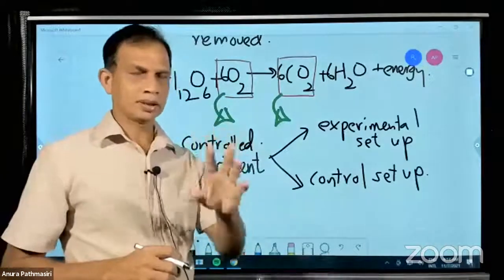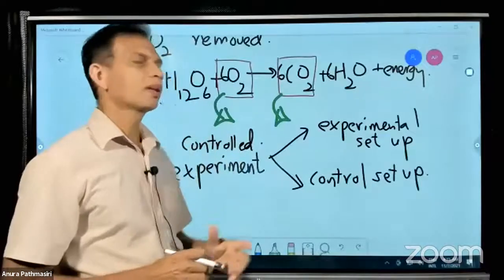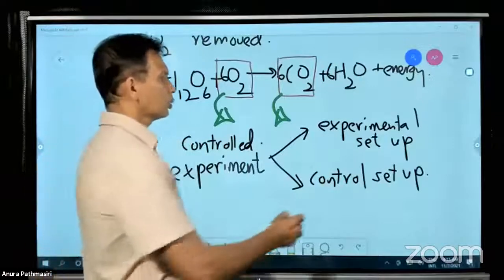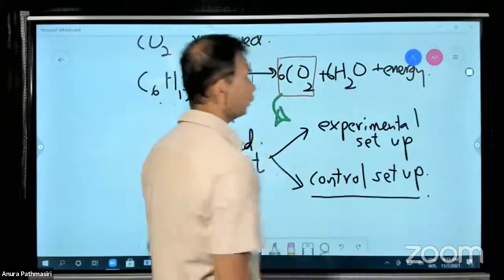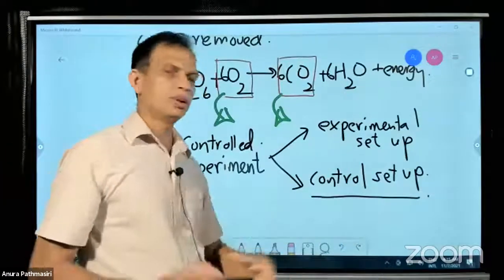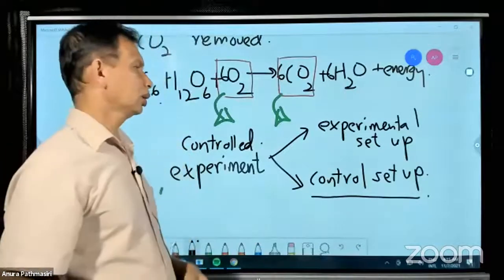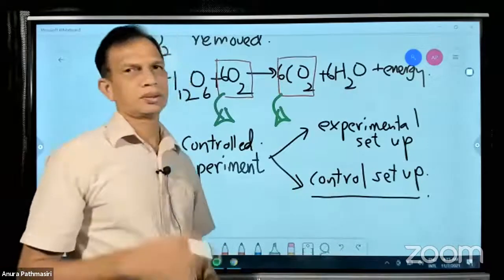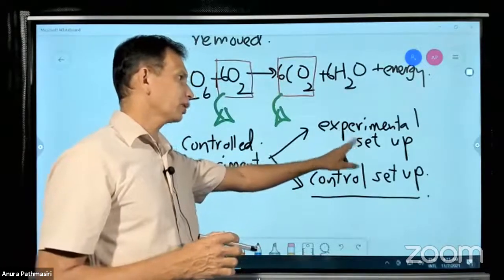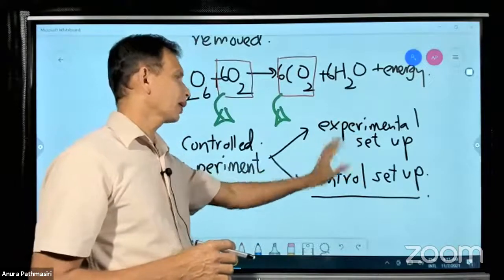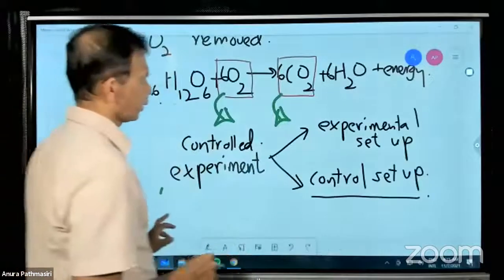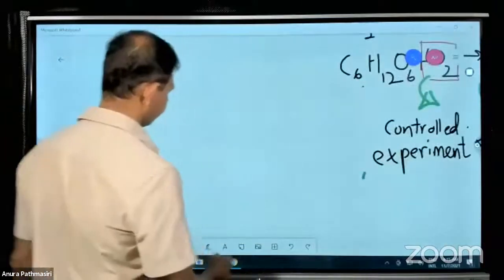The particular testing variable factor is tested here. In the control setup, we give what we avoided in the experimental setup. For example, I will show you how this happens.